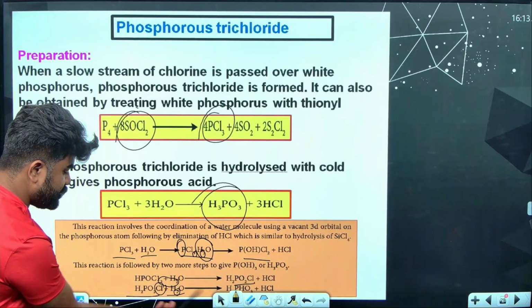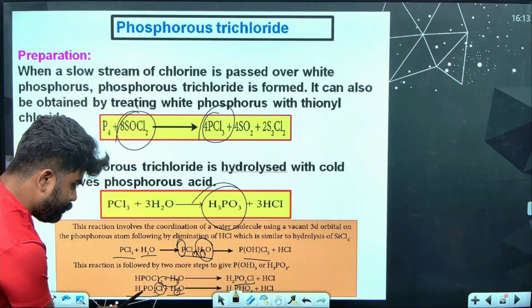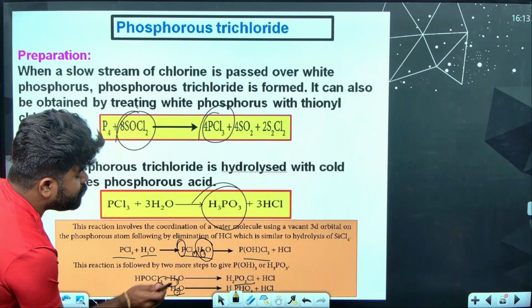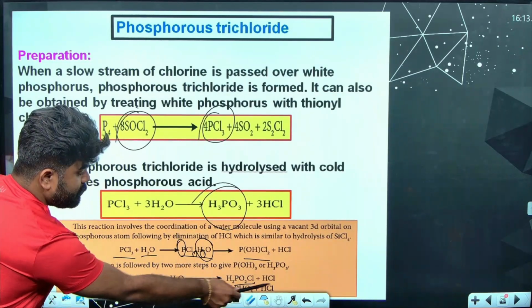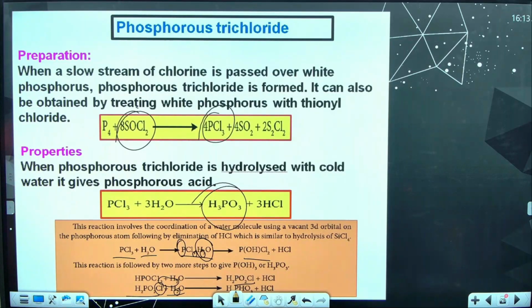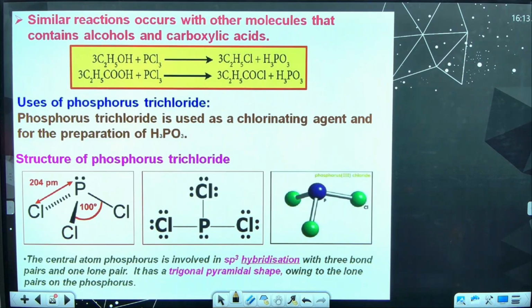H3PO3 plus HCl-ன்னு எழுதியிருக்கோம், அவ்வளோதான். ஸோ this is the steps that we see for this reaction to take place.